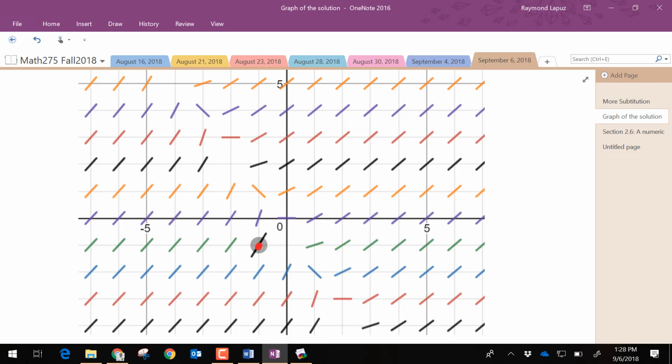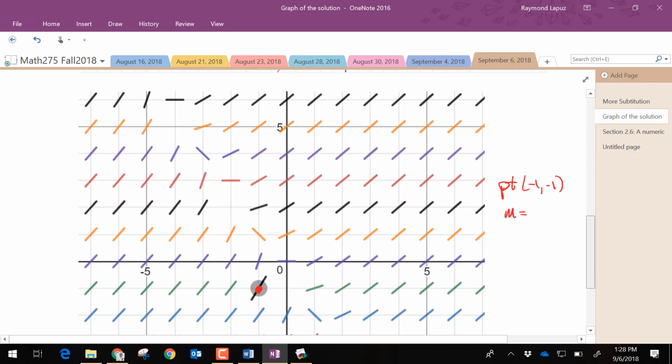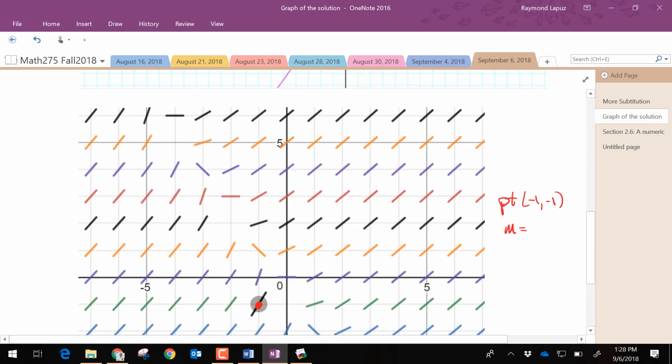So we're at the point -1, -1. And then the slope at that point is whatever value we get when we put -1, -1 into the original differential equation. So dy/dx, what was it? It was 3x plus 2y over 3x plus 2y plus 2.